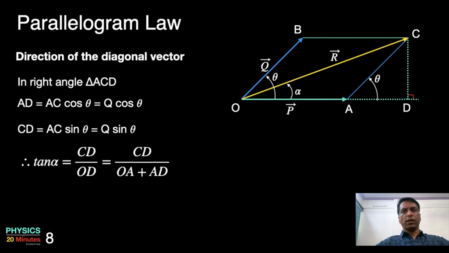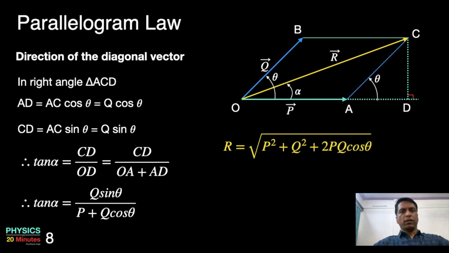OD is OA plus AD. Therefore, I can substitute the values and it will become tan alpha is equal to Q sin theta upon P plus Q cos theta. Therefore, we get the two equations. The magnitude of the resultant vector is given by root of P square plus Q square plus 2PQ cos theta. Alpha is given by tan inverse of Q sin theta upon P plus Q cos theta.